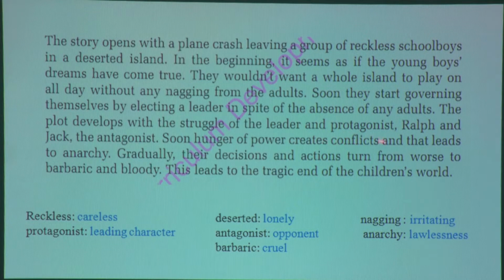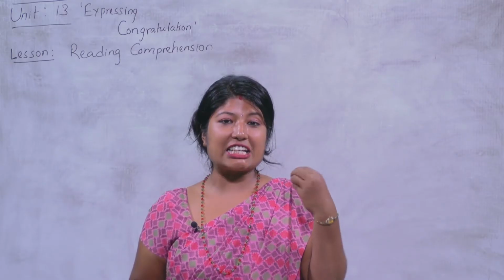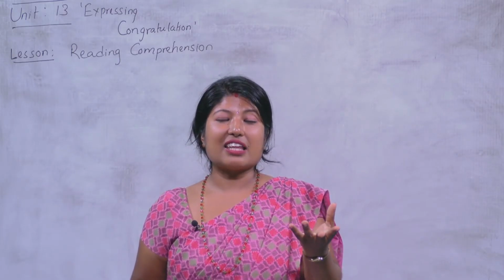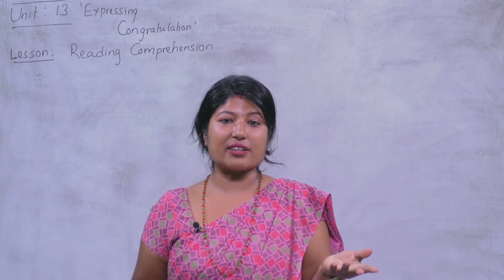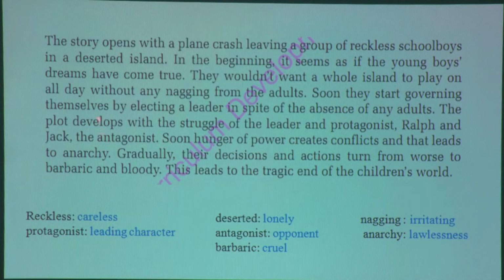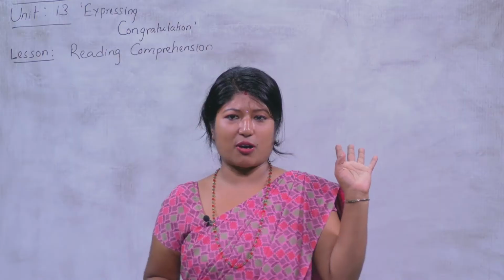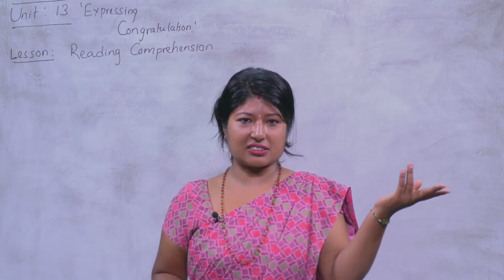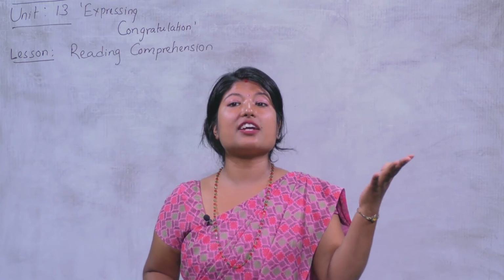Soon hunger for power creates conflict. Soon there was conflict among the children, because there was hunger. Hunger could even drive elder people to fight, create conflict in elder people. And here they were children, they were teenagers. So that leads to anarchy. Anarchy means lawlessness. Nobody listened to the law because there was hunger. They wanted to fulfill their own desires.